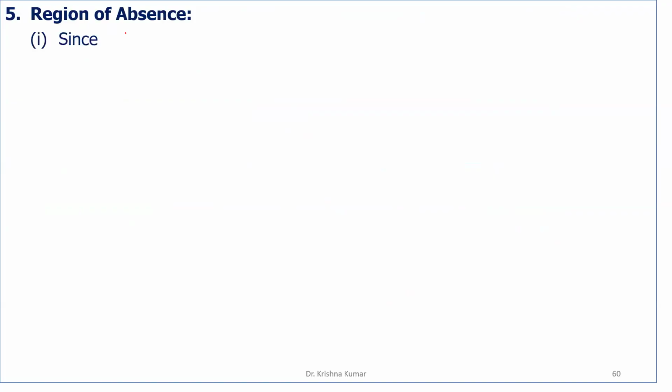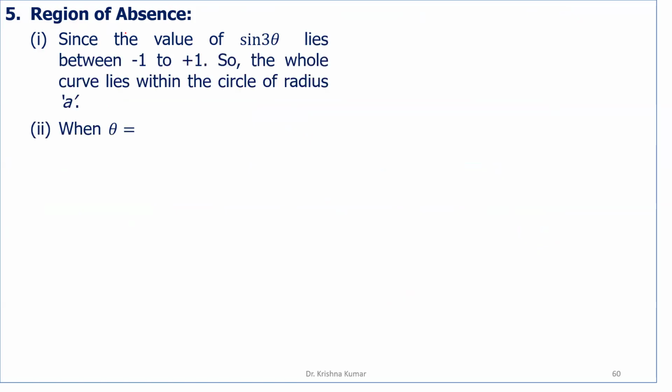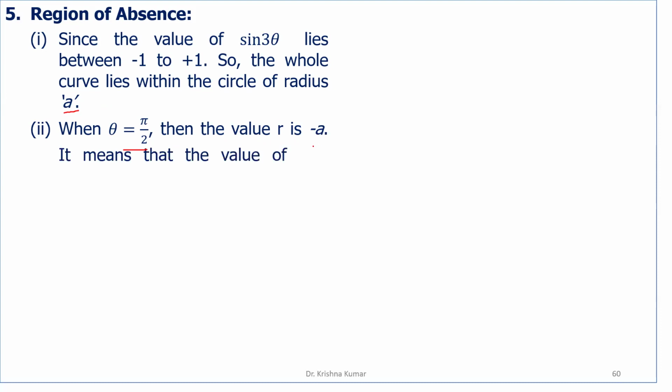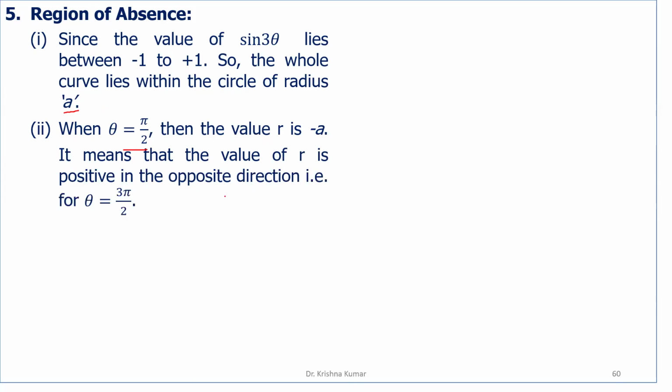Since the value of sine 3 theta lies between minus 1 and plus 1, the whole curve lies within the circle of radius a. When theta equal to pi by 2, the value of r is minus a. It means that the point lies in the opposite direction, that is, at theta equal to 3 pi by 2.